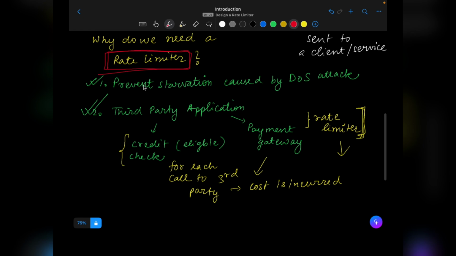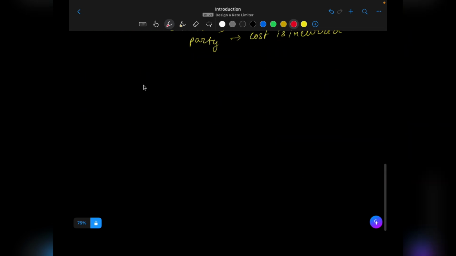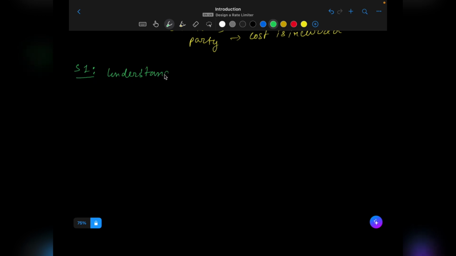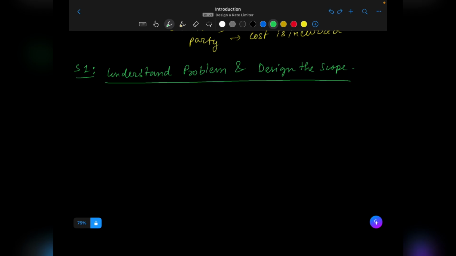Before diving deep into designing, we should understand the problem and establish the design scope. So step 1, we understand the problem and design the scope. What it means is we need to ensure what our rate limiter should be, or how we should build it, by asking the interviewer certain questions.